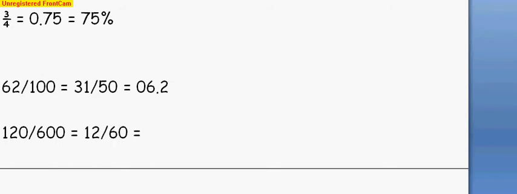And then if I divide the top, which is 12, and the bottom by 12, I get 1 out of 5. Can you tell me how much percent is 1 out of 5? Think about it. Alright, it is 20%.